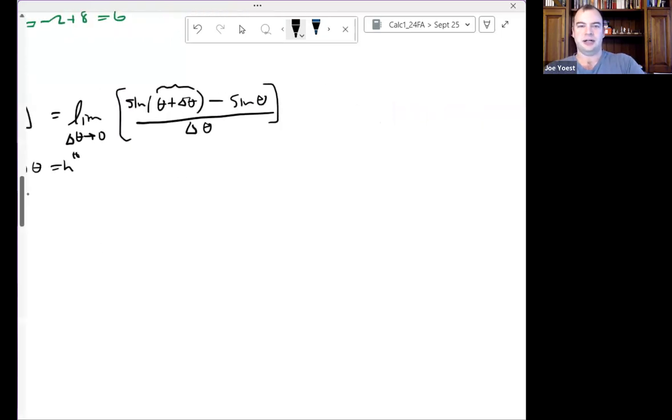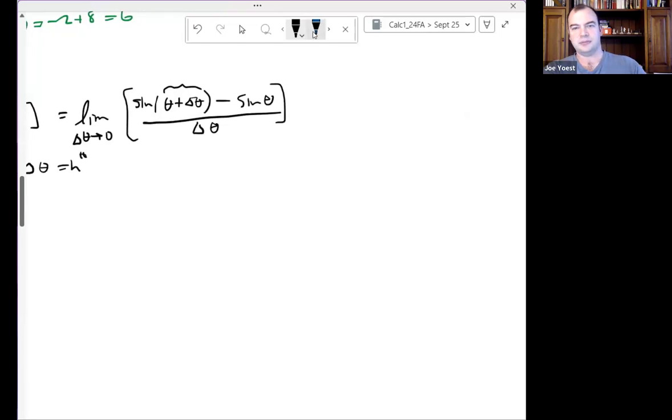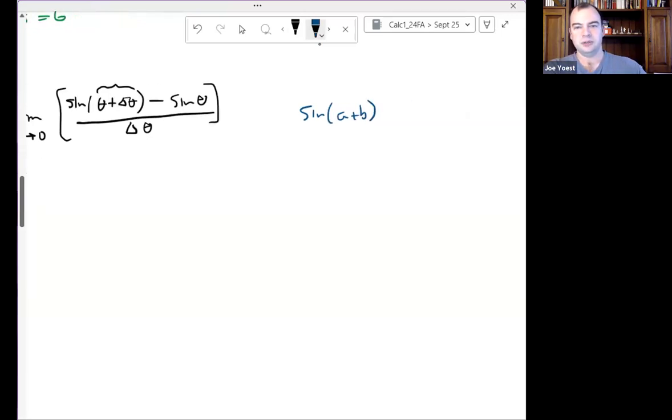I'll show you how I figure it out. So sine of A plus B. Well, I know two things. I know that sine of 2x equals 2 sine x cos x, and this is, of course, sine of x plus x.